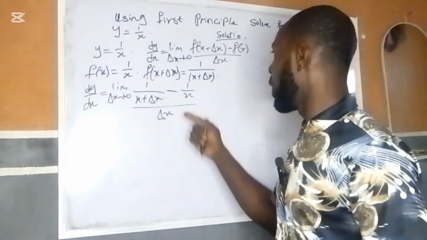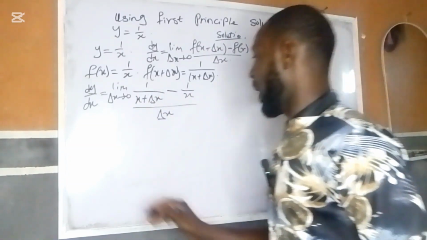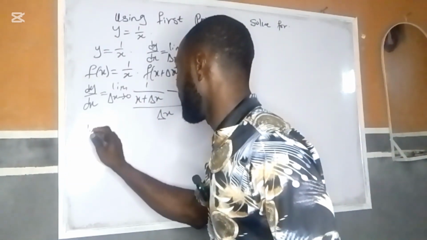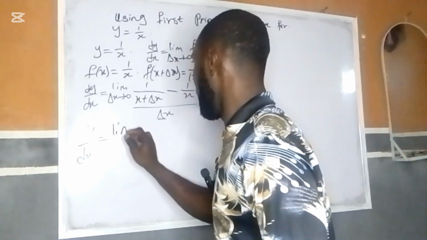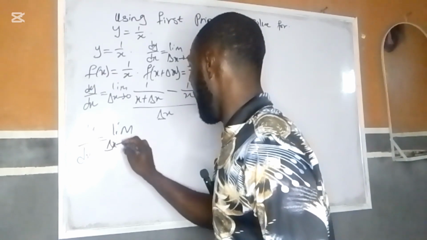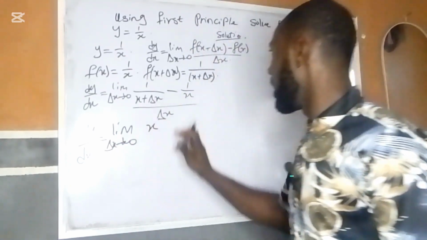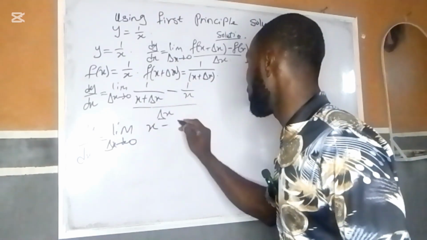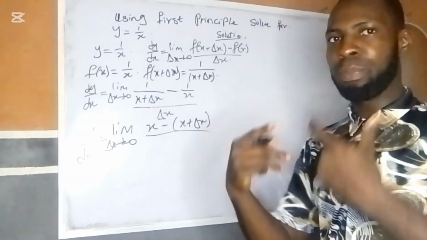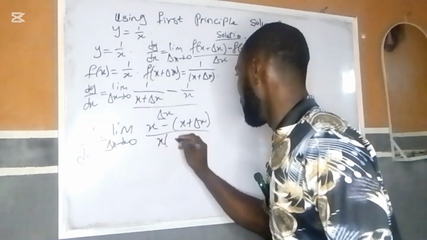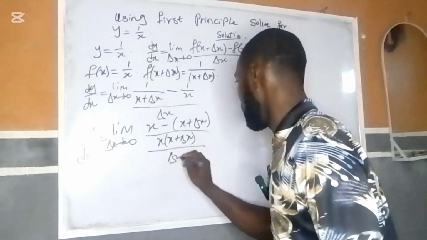So now, when we do that, this guy will multiply this guy and this guy will multiply this guy, right? Which is correct. So now we have our dy/dx is equal to the limit as change in x approaches 0 of, when this guy multiplies this guy, we have x, minus, when this guy multiplies this guy, we have x plus change in x, all over their multiple, that's x in bracket x plus change in x, all over change in x.